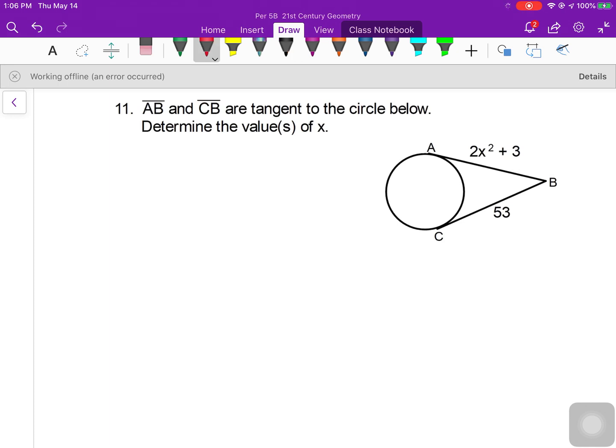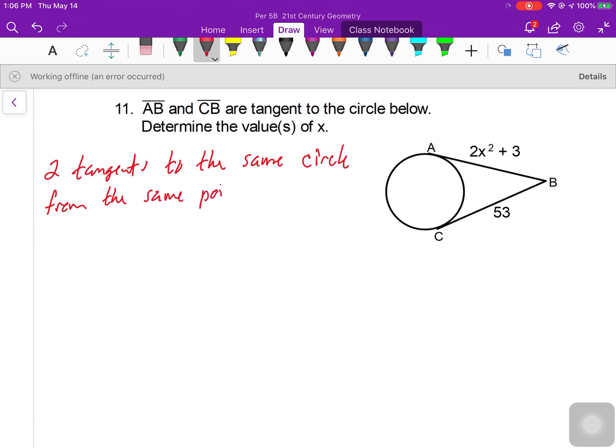Let's take a look at another type of segment in this chapter. In this chapter, we have two tangents to the same circle. Now, the concept that we have to use here is two tangents to the same circle from the same point are congruent.